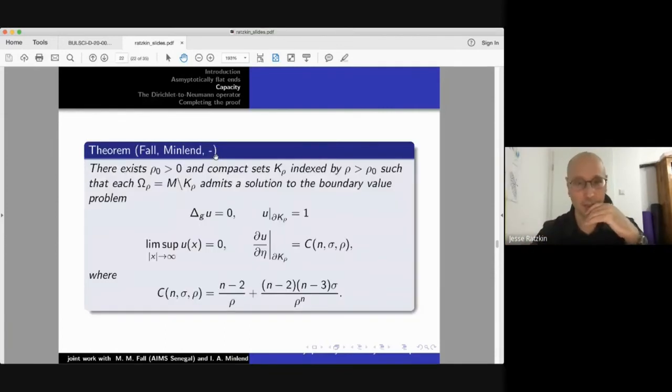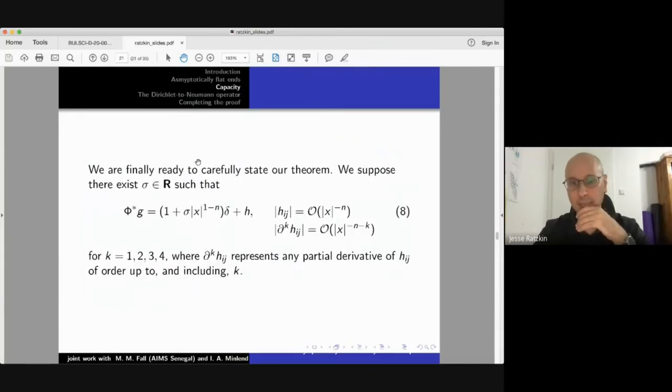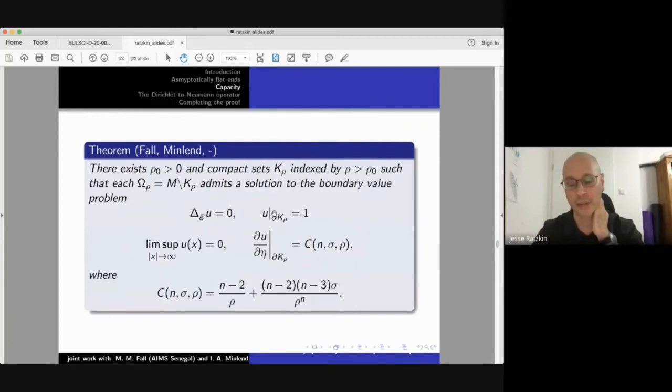Maybe I should give you some remarks. As we said here, I have very fast decay. And this decay is fast enough to ensure that the ADM mass of my asymptotically flat end is actually 0. But the other thing to notice here is that I have no hypothesis on scalar curvature. So the scalar curvature in all interesting cases will change sign.